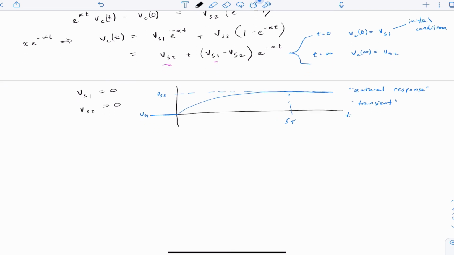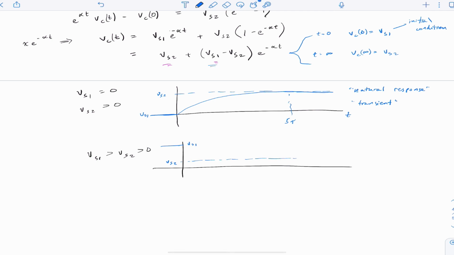We could have another case where Vs1 is greater than Vs2, and maybe both are greater than 0. And here Vs1 is greater than Vs2, so this parenthetical term is positive, so we'll see a positive decaying exponential, calling some term out here 5 tau. So we've just treated this in a very general way, and you could see what's happening here where we're going to highlight our Vs2 here as the final state.